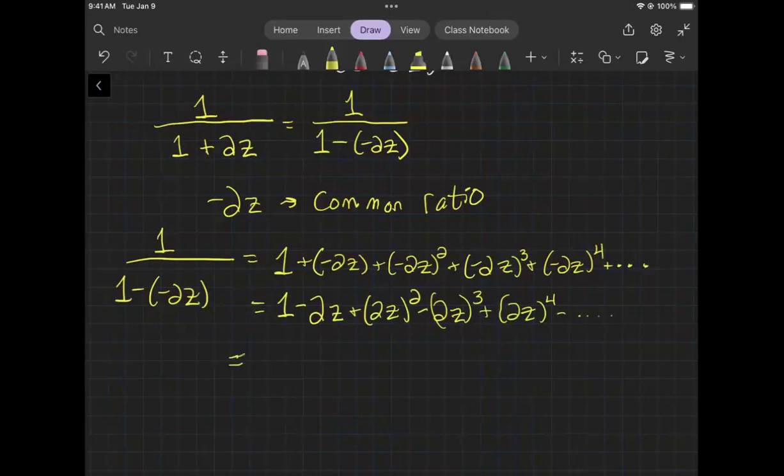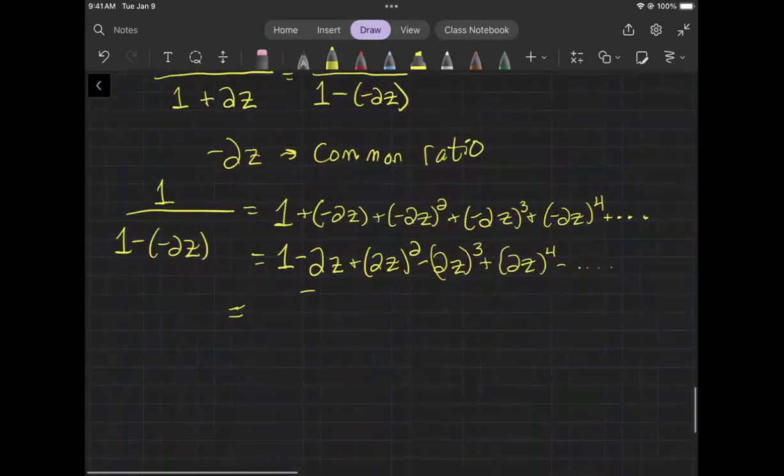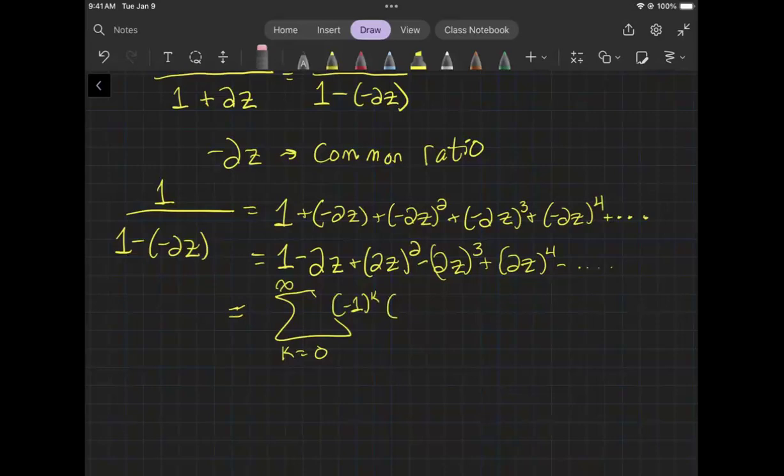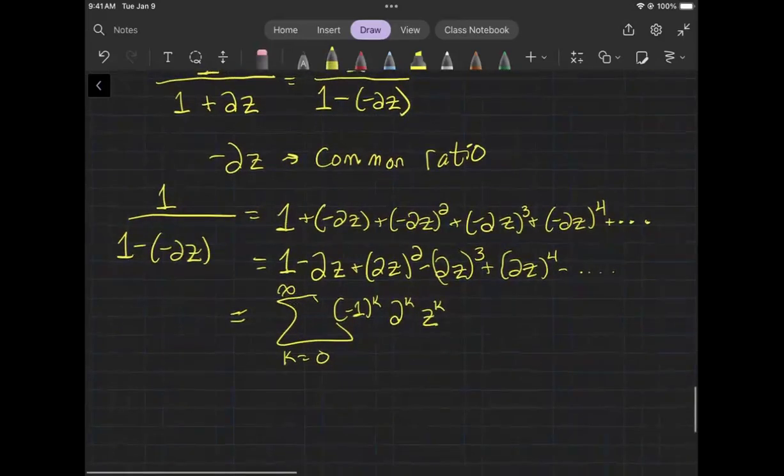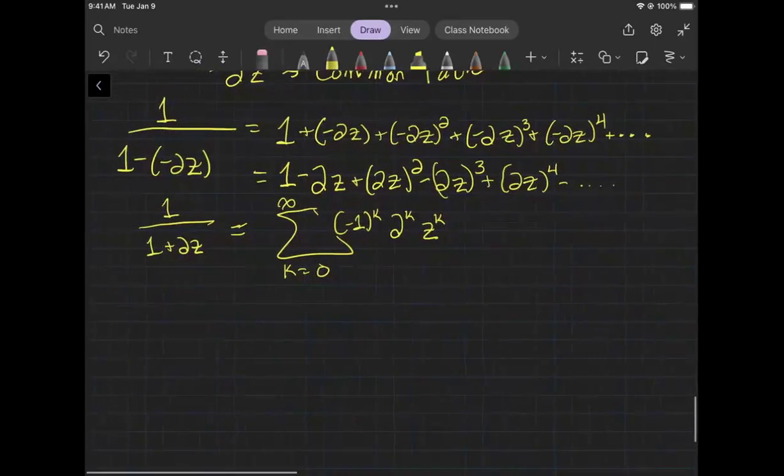What this series looks like is the sum from k equals 0 to infinity of negative 1 to the k, so it's alternating, times 2 to the k power times z to the k power. All right, so that would equal 1 over 1 plus 2z. Hopefully that makes sense.